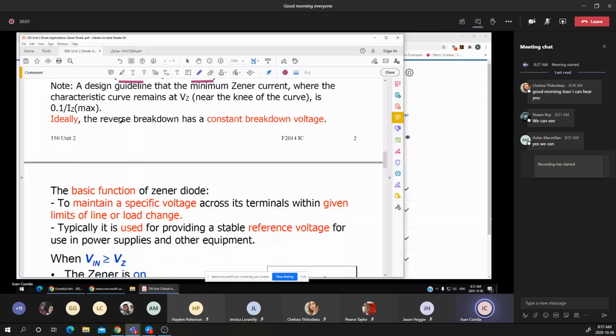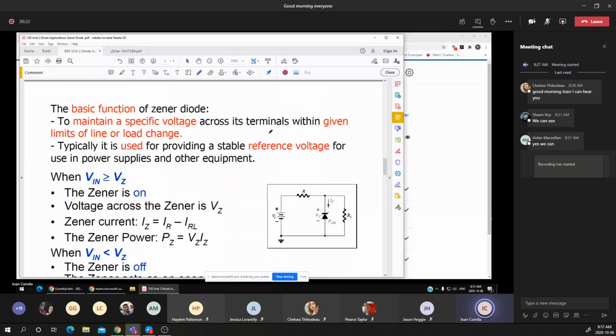Ideally, the reverse breakdown has a constant voltage. I mentioned that VZ may change within a very small limit, like a few tenths or a few hundred millivolts, but we are making the approximation that the VZ stays constant. That's why we are trying to simplify our calculations.